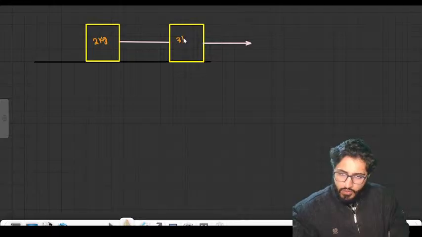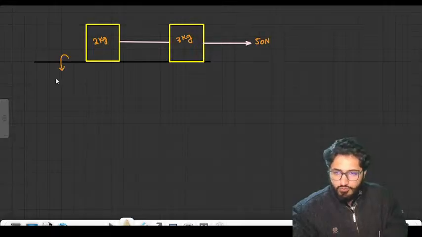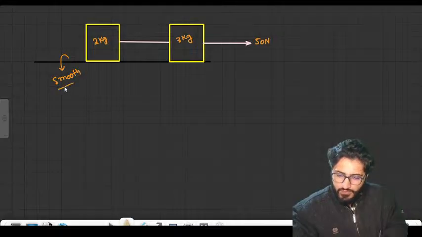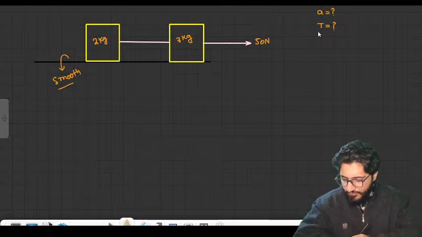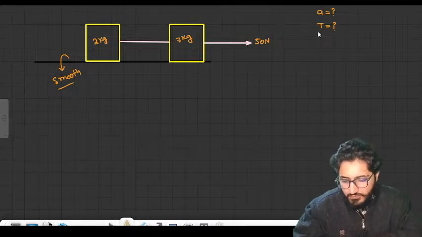This one is of 3 kilogram. You are applying a force of 50 Newton. This surface is smooth. Clear? Find acceleration and tension. Okay.